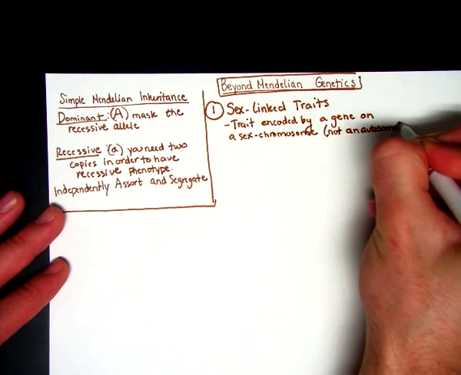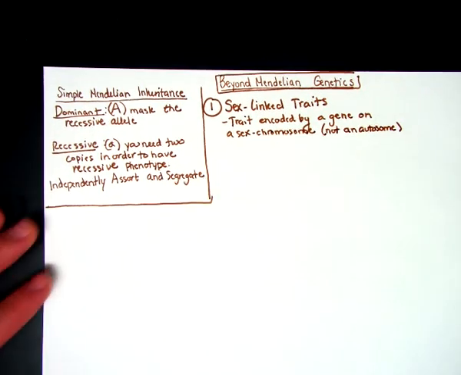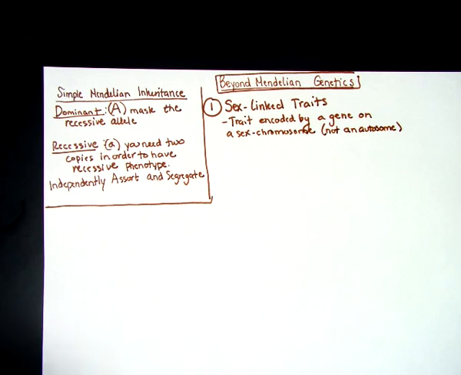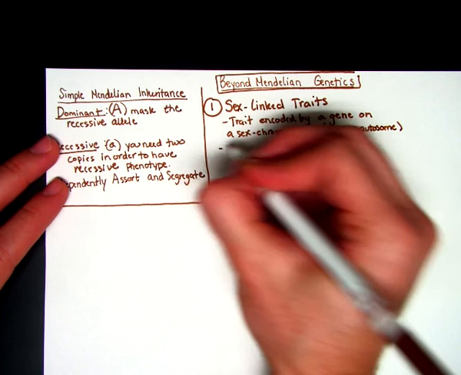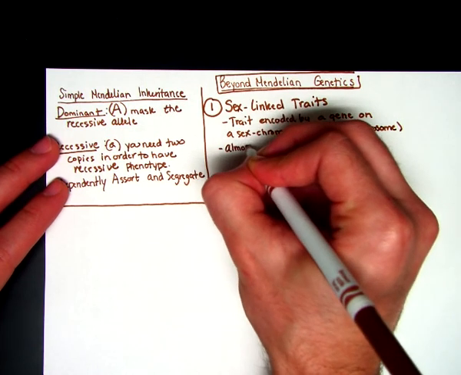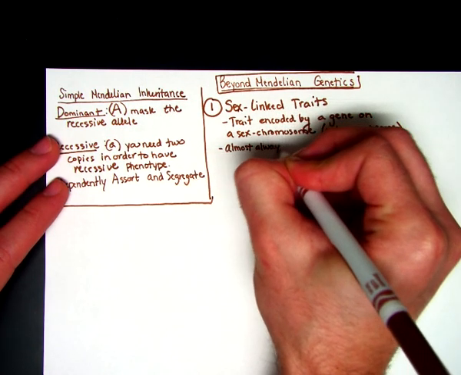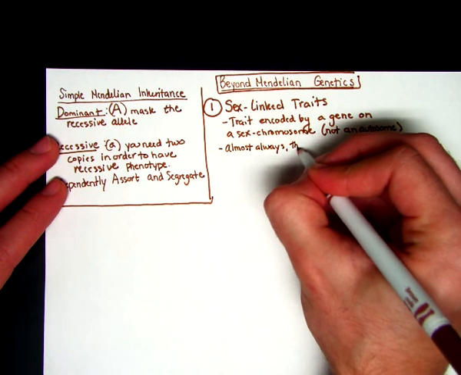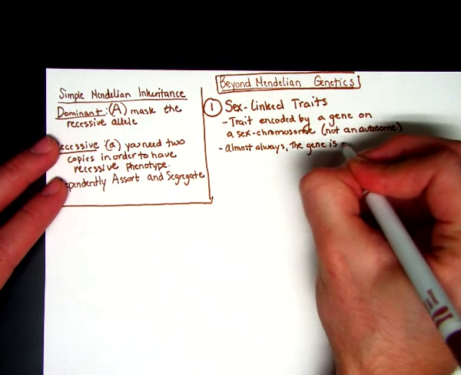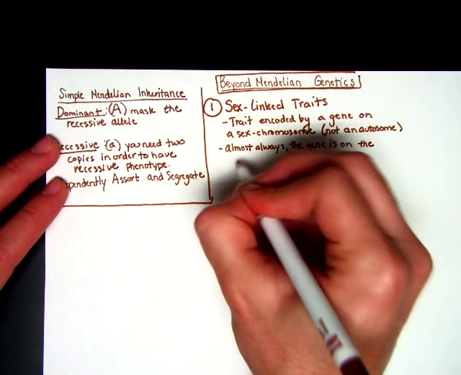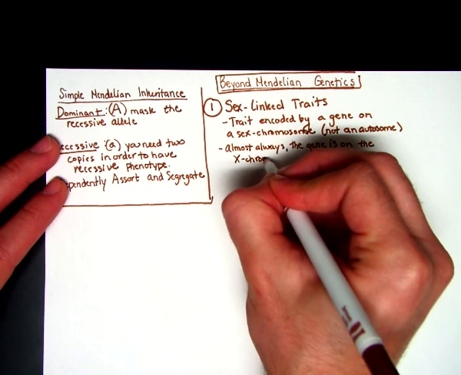Right, remember the autosomes were chromosomes 1 through 22? It was found that some traits actually get inherited through sex chromosomes. And almost always, the gene is on the X chromosome.